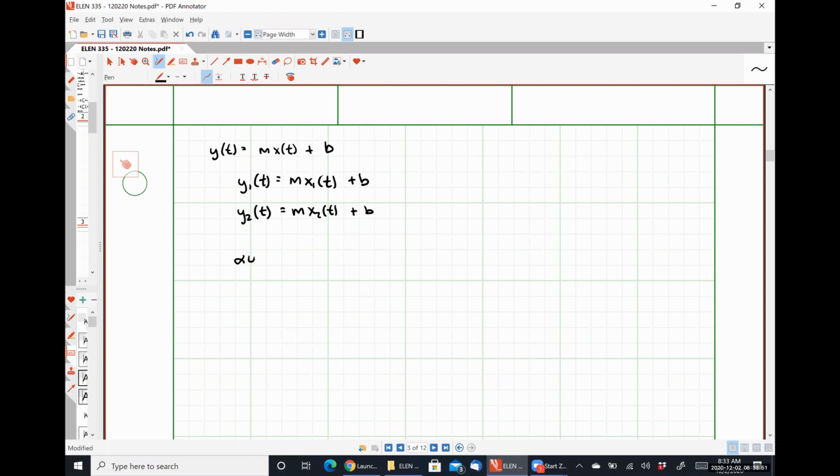So I would have alpha y1 plus beta y2 is equal to m alpha x1 plus b plus m beta x2 plus b, which is equal to m alpha x1 plus beta x2 plus 2b.